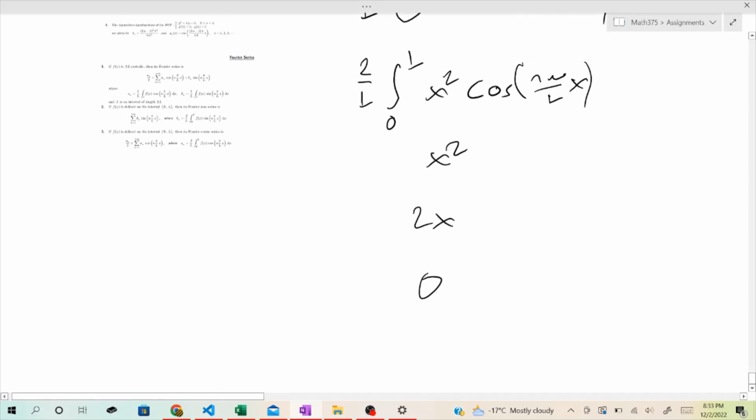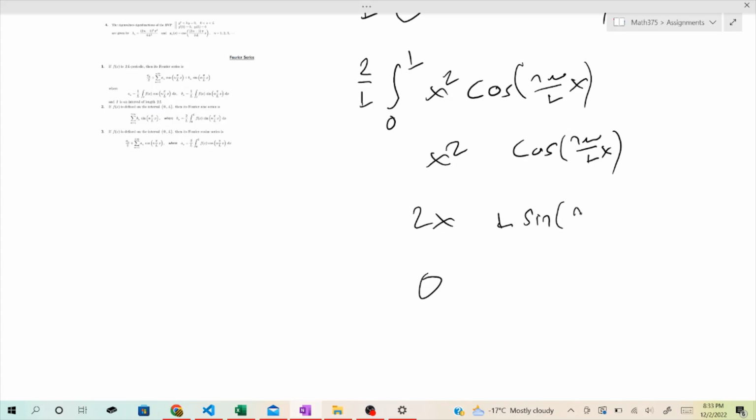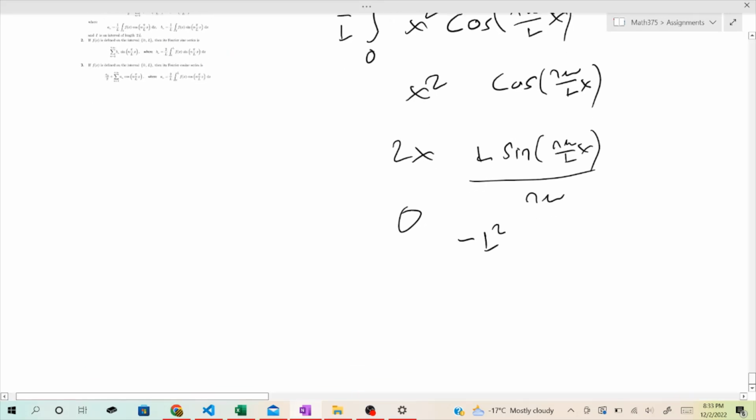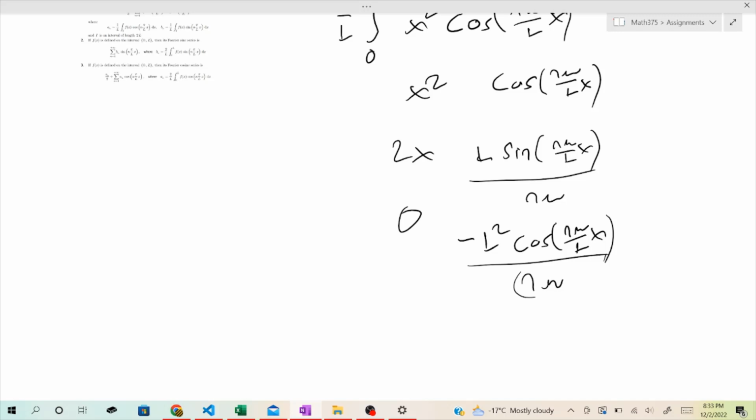Integrating this, we get x squared times L sine n pi over L x over n pi, and then negative L squared cosine n pi over L x over n pi squared.